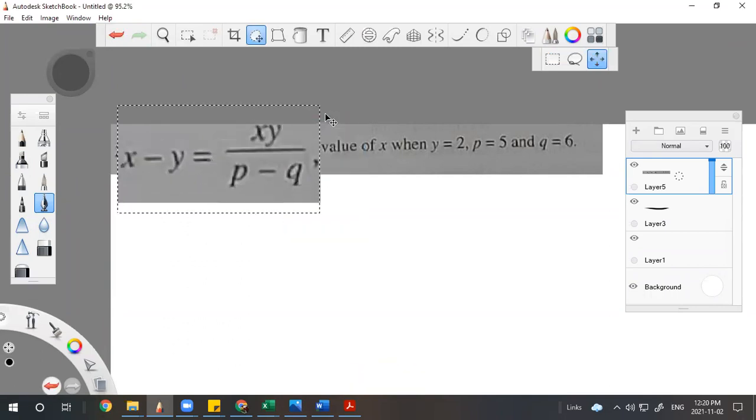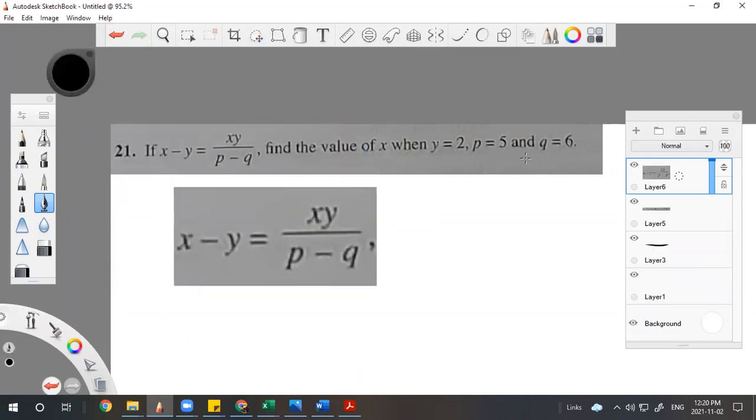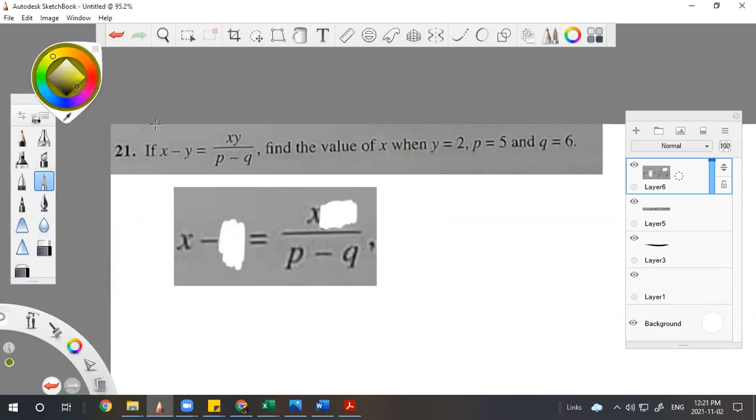I will make it a bit bigger and I will change everything. Find the value of x when y equals 2.